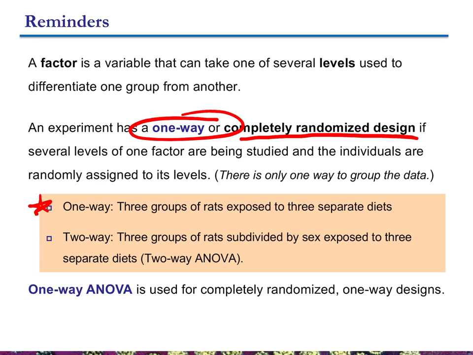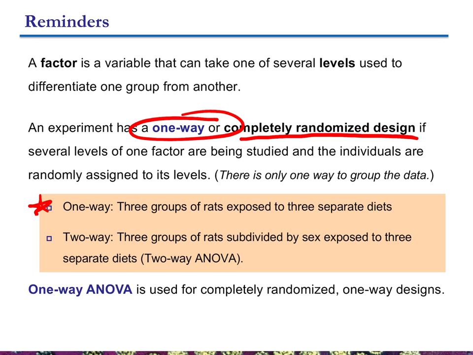But what if, in addition to the kind of diet that they were exposed to, we also divided the rats out by sex? So we put them into male and female groups. Well, then you have 2 different factors or variables. One is diet with 3 levels, chow, restricted, and extended, and the other is sex, male and female.